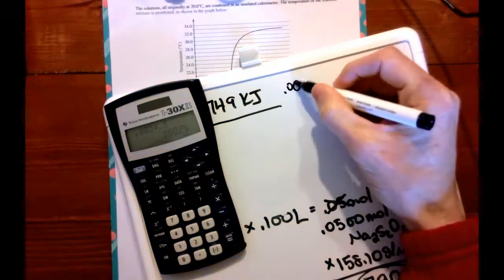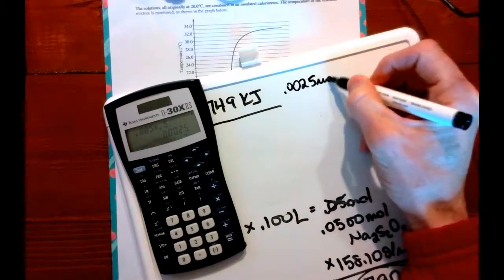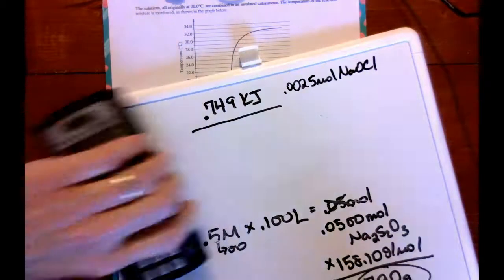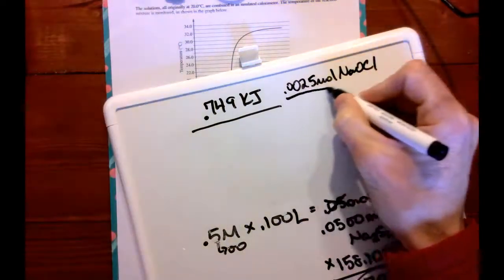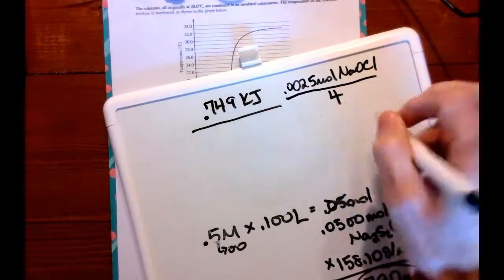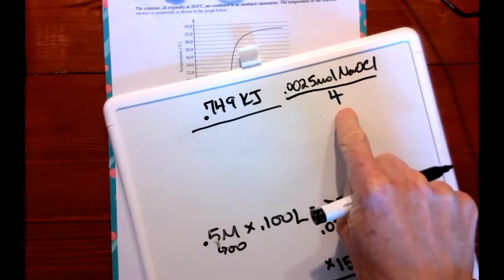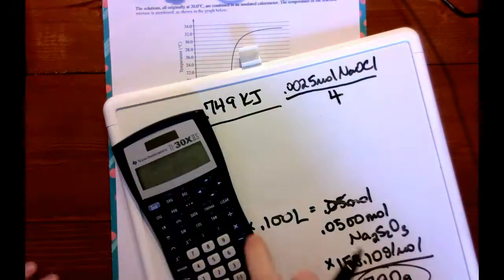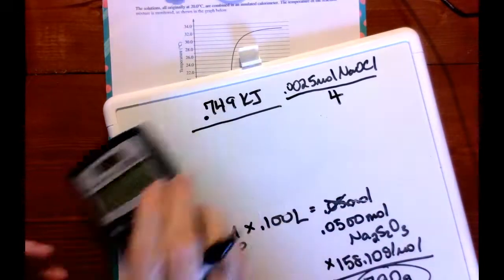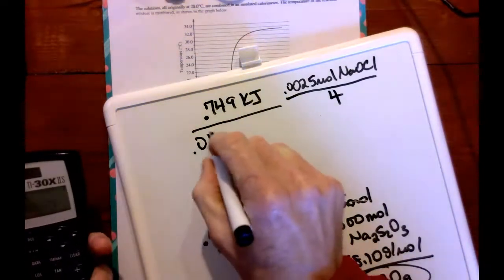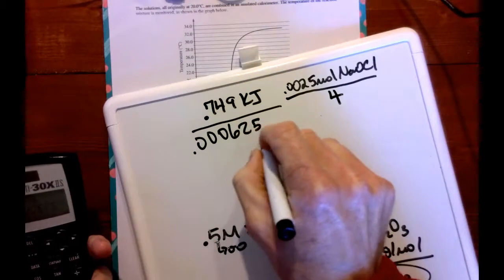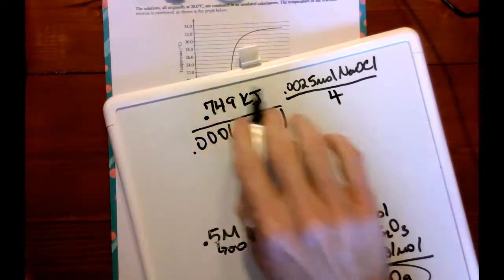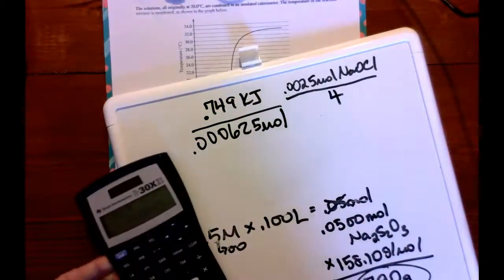It was 0.0025 moles of our limiting reactant. And then the reaction, it was a coefficient of 4. So we need to divide by 4, and we get 0.000625 moles. This will give us the enthalpy change of the reaction itself.